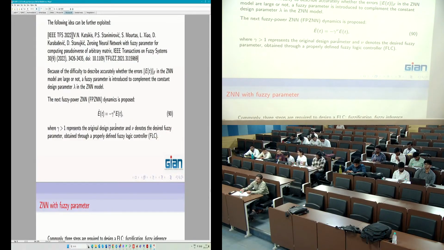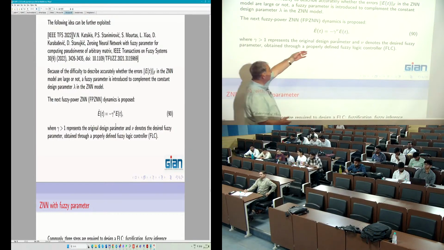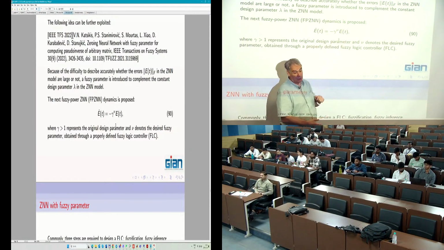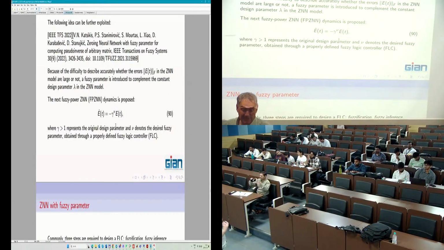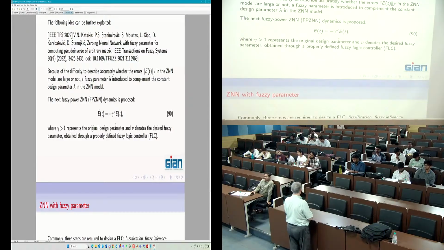It was possible to use other combinations, not only gamma power nu, but gamma plus nu, for example. Gamma power nu was one possible choice, but our numerical experience showed that gamma exponent nu is the best choice. We obtain better results.